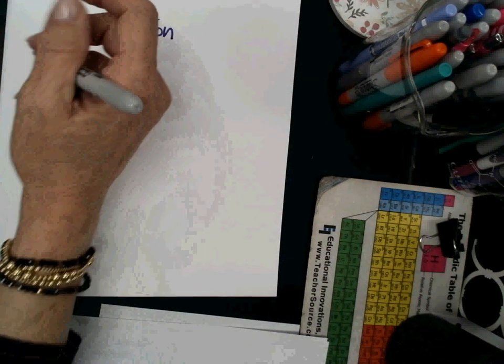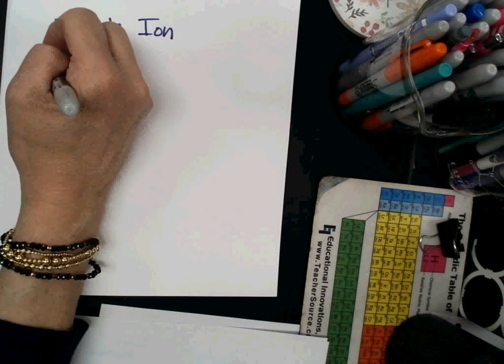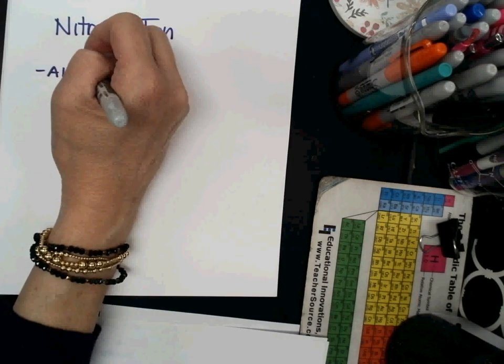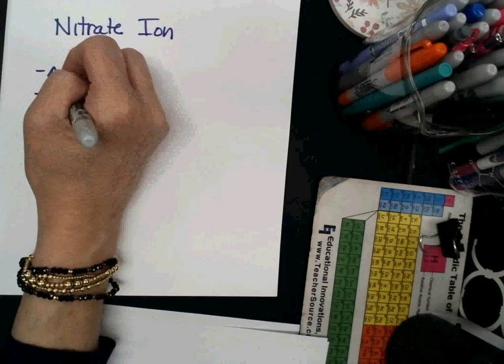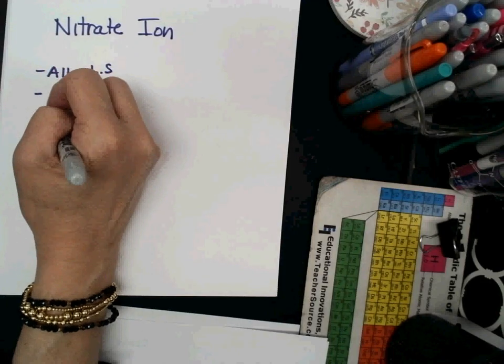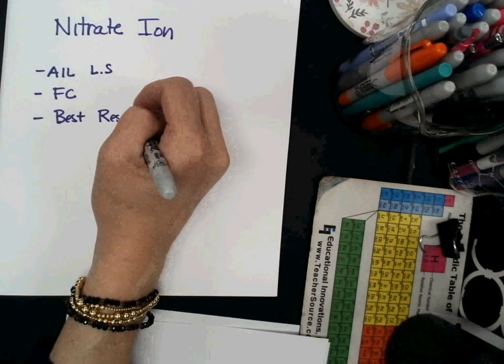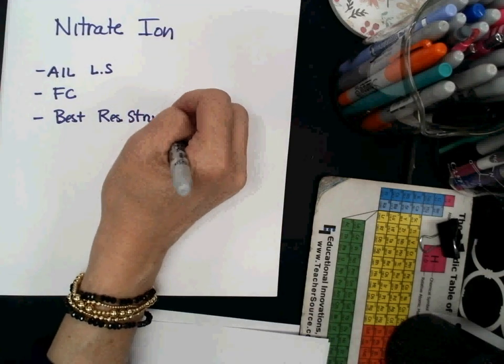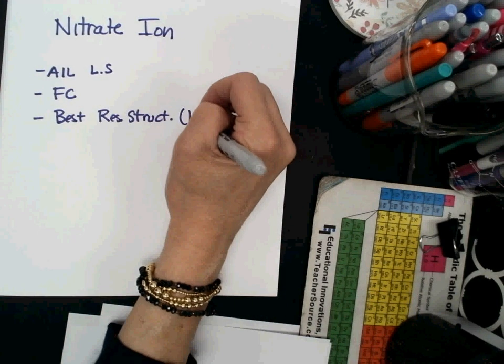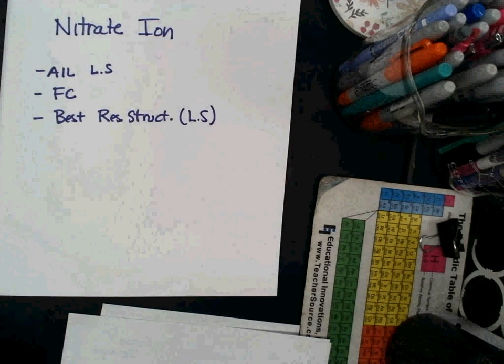Nitrate ion. I want all Lewis structures, and I want formal charge, and then I want to know best resonance structure, if there is one, or best Lewis structure.